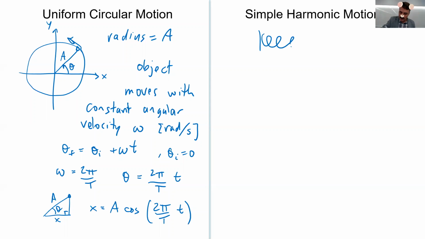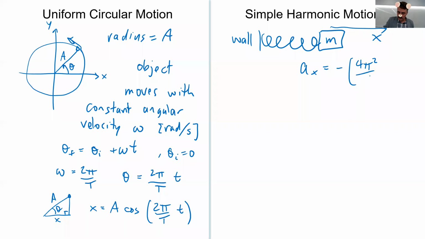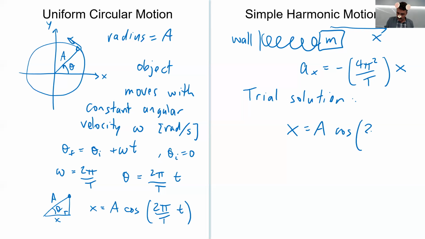Now, if you have a mass on a spring, here's a wall, and here's a mass m, and you define x as being measured away from some sort of equilibrium. A_x, we talked about last time, is negative 4 pi squared over T squared times x. The trial solution here is that x is equal to A times the cosine of 2 pi over T times t, where A is constant.